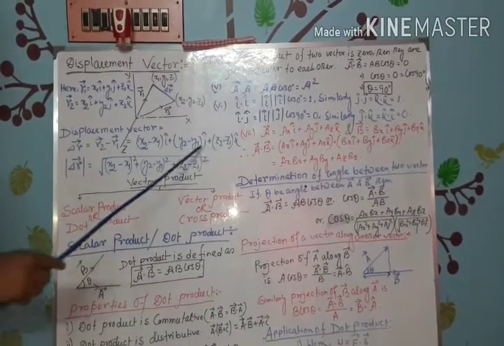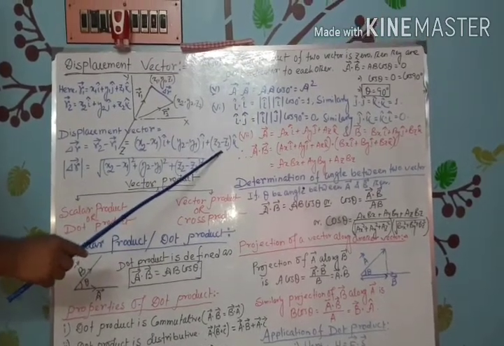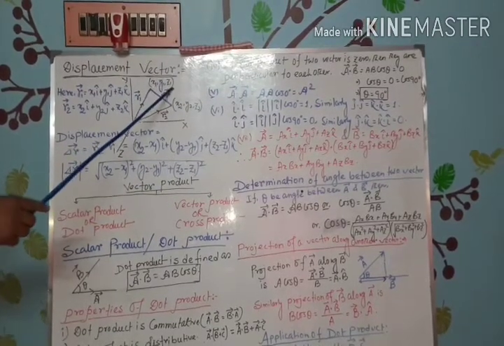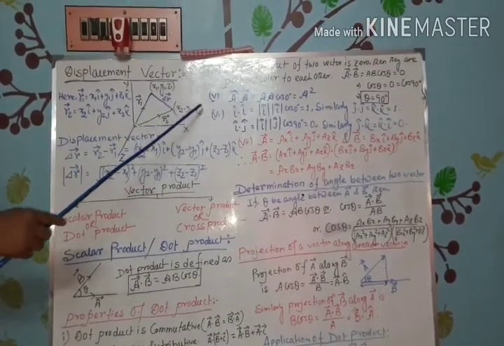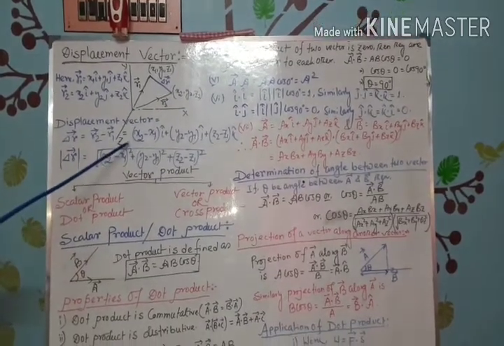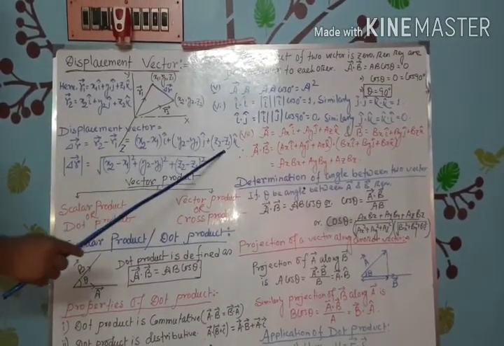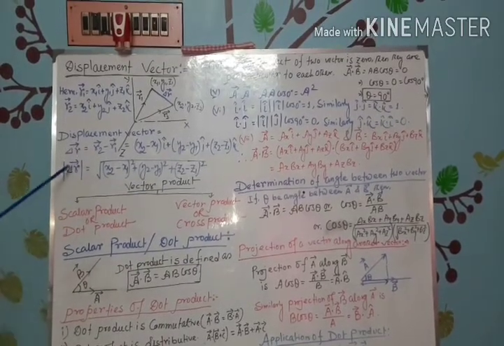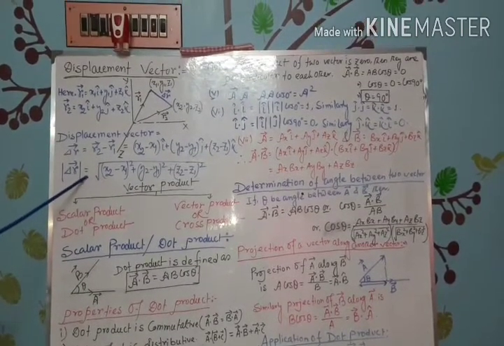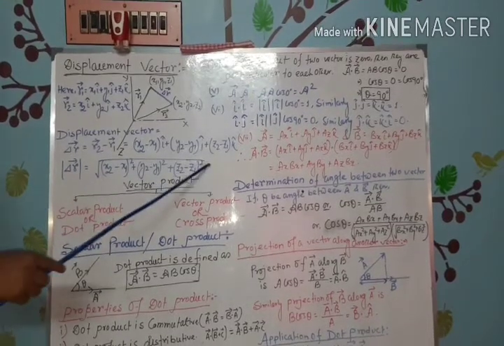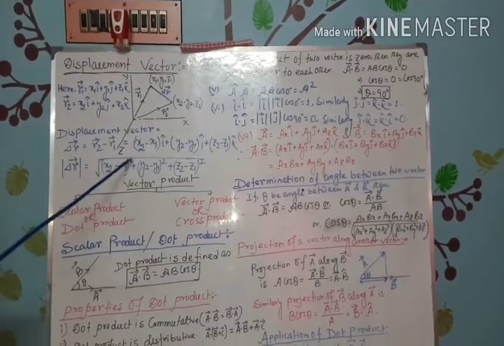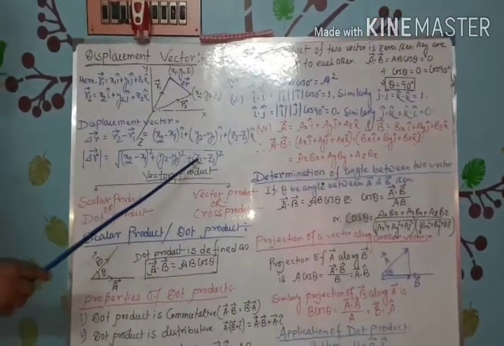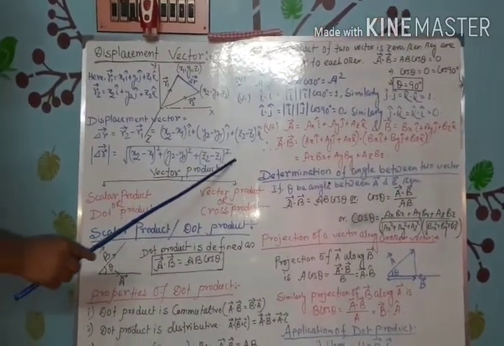So this is the displacement vector between the 2 points having the coordinate x1, y1, z1 and x2, y2, z2. If you want to determine the magnitude of this displacement vector, then according to our magnitude formula, the magnitude is equal to root over of x2 minus x1 whole square plus y2 minus y1 whole square plus z2 minus z1 whole square.